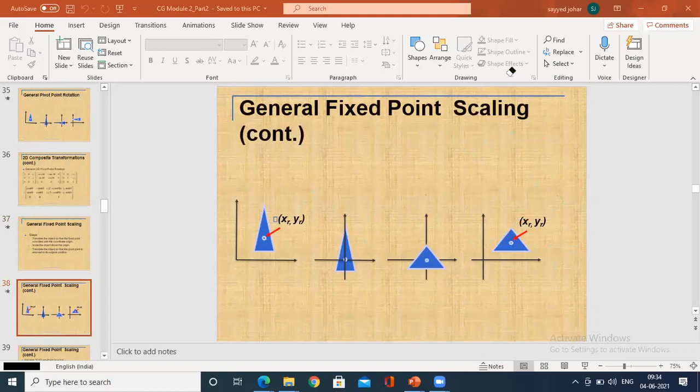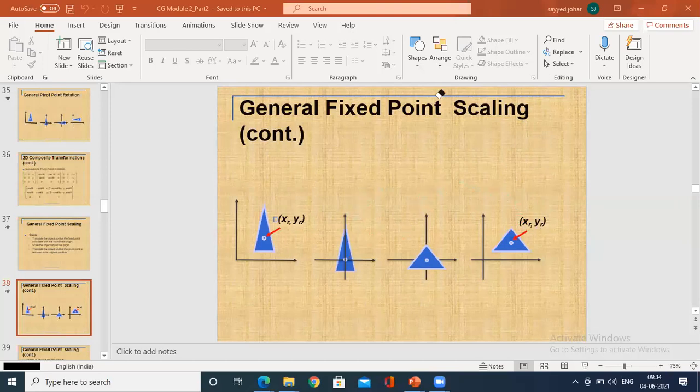You brought this original object to the origin, that is translation, then scaling, again translation. So TST is a matrix that you have to obtain as a composite transformation: translation, scaling, translation.